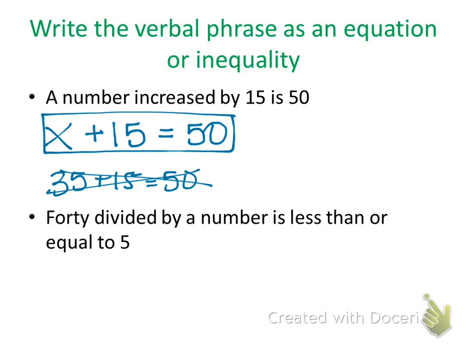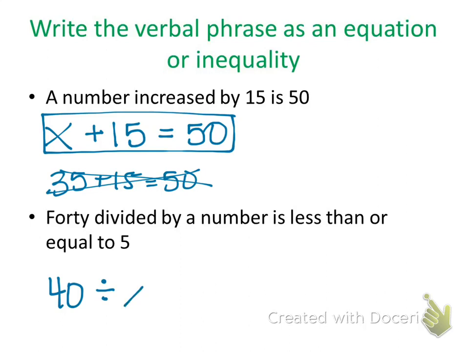Okay? Next one. 40 divided by a number is less than or equal to 5. Okay? Break it down piece by piece. 40 divided by, so I write divided by, a number, do I know what that number is?